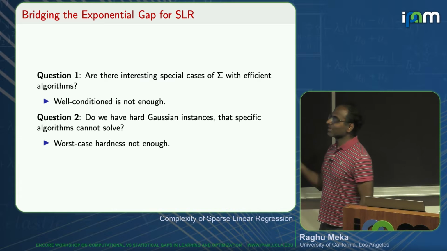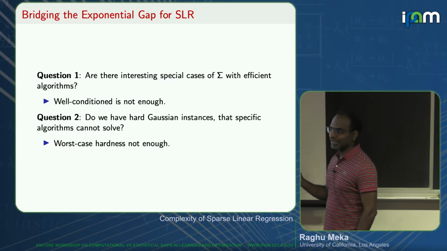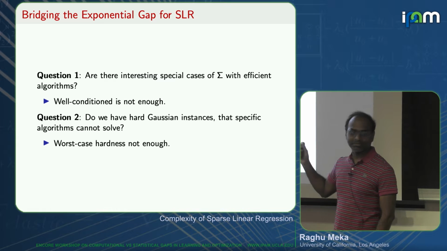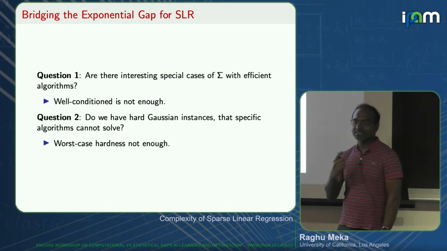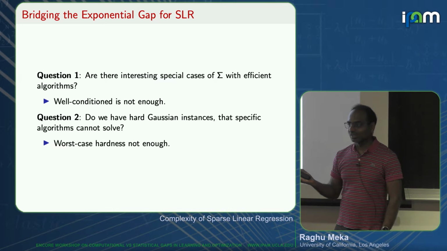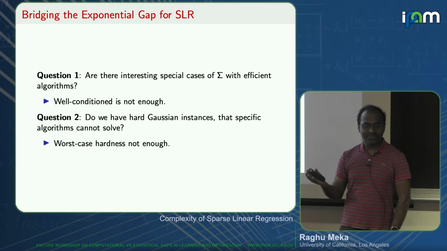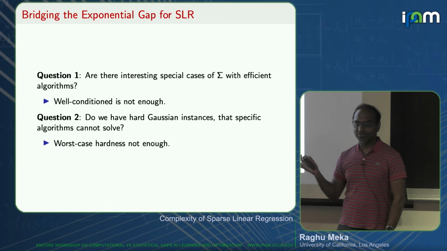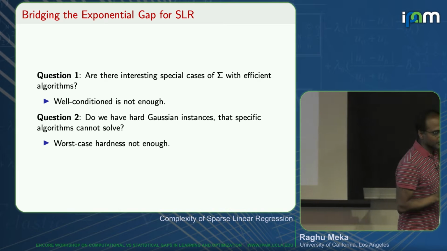If sigma is well conditioned, of course we know how to do it, but that is very limiting, as we will see even for simple examples. Like if I just have one coordinate repeated, that violates well conditionedness. You might think this is a silly thing you can fix, but we'll see that even those make many algorithms fail.